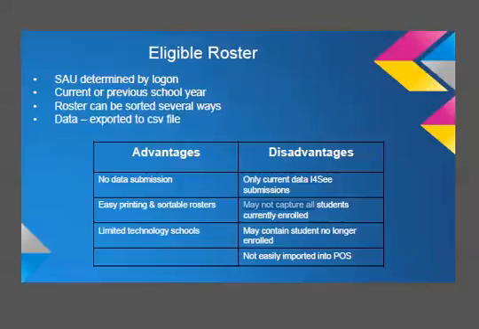For example, if a student enters school in the middle of the year, the data might not have already been added, and then you would miss that student. Likewise, it may also still have a student that is no longer enrolled. This method is also not easily imported into the POS, which is the point of service.